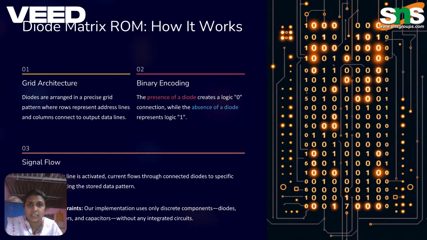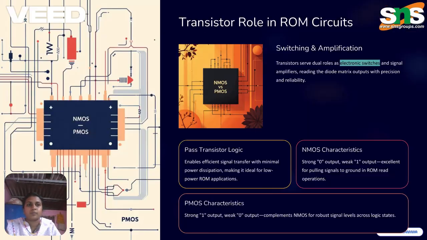A diode is placed at the intersection if the data bit is 1, and no diode is placed if the bit is 0. So next, the transistor: ROM using transistors in these circuits.